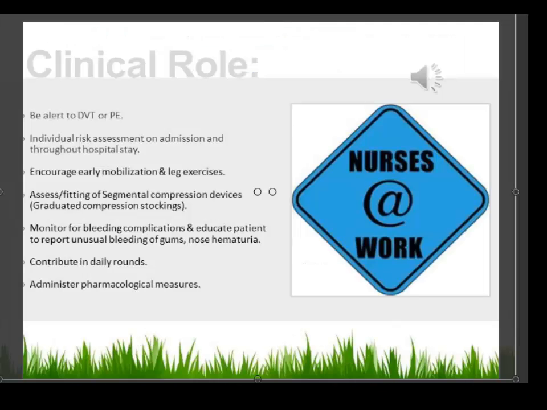In summary, to meet the new VTE core measure, we must be alert to DVT and PE signs and symptoms.